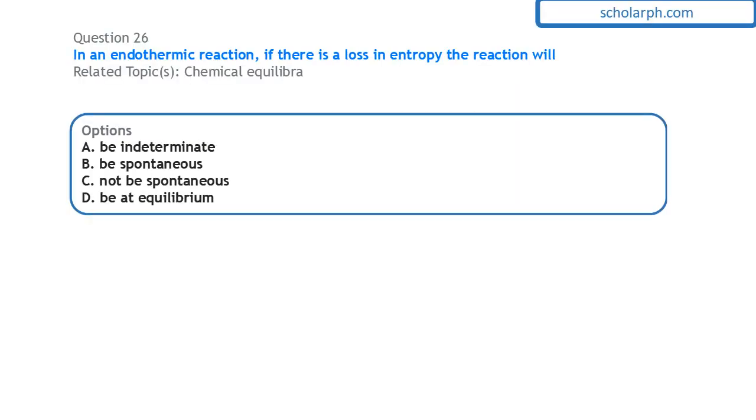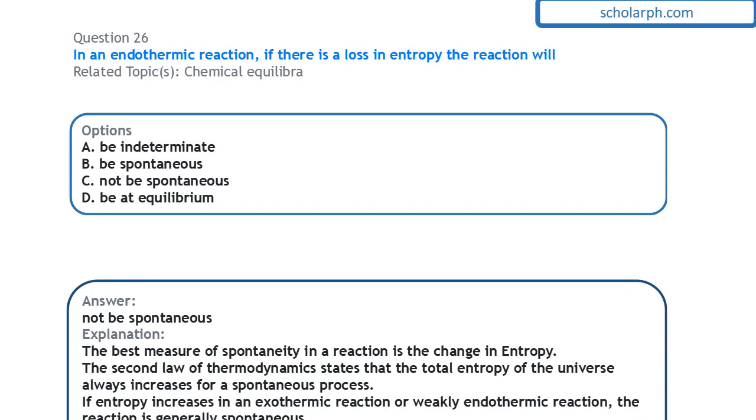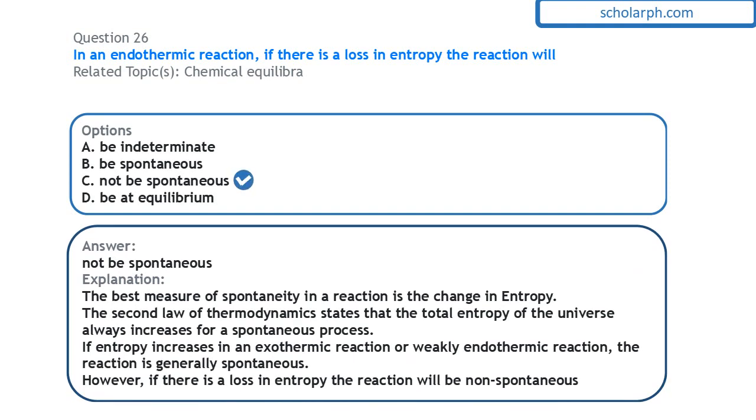Alright, first question here. In an endothermic reaction, if there is loss in entropy, the reaction will not be spontaneous. The best measure of spontaneity in a reaction is the change in entropy. When you say a reaction is spontaneous, it means that the reaction occurs on its own, without the need for an external supply of energy in form of heat.